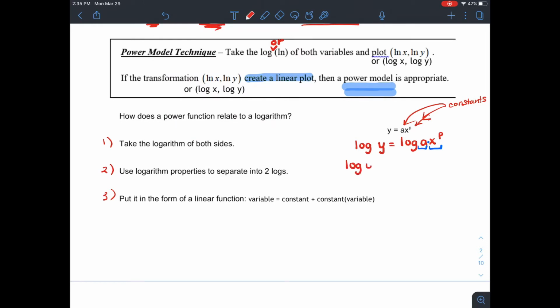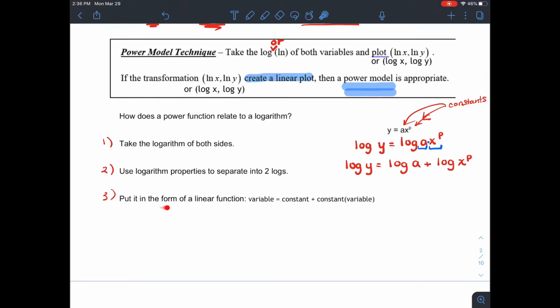I'm going to leave log of y on the left, but I'm going to separate this into log of a plus log of x to the p. Okay, the assumption here is the bases on all these logs are 10s if you don't see a base there. So I'm doing kind of the reverse of combining logs together and breaking this apart into 2 logarithms. That's what this meant by separate into 2 logs.